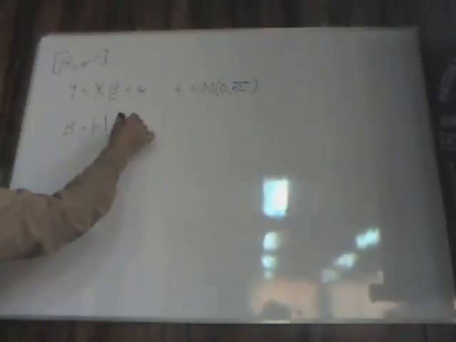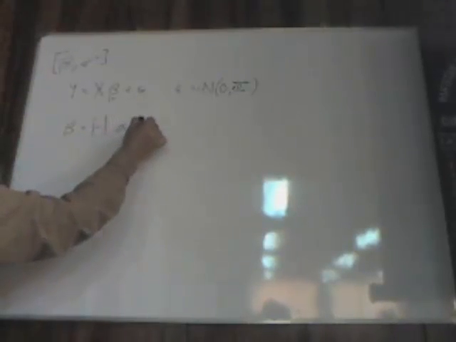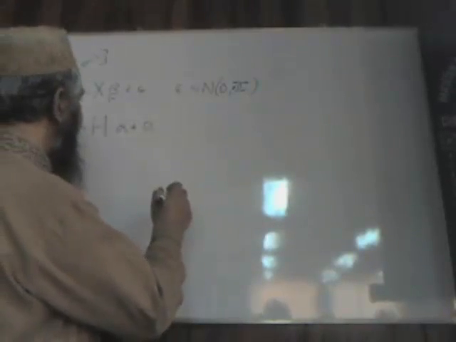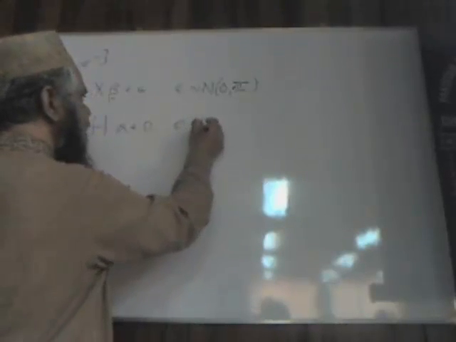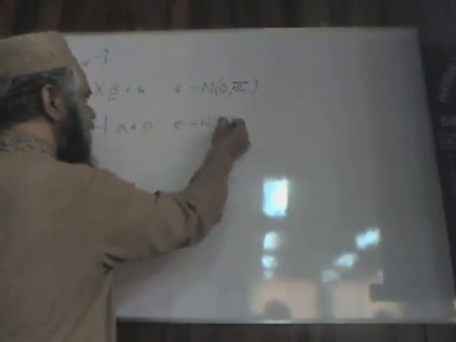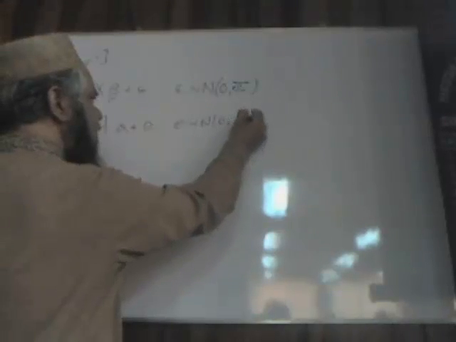So here I am putting a prior on beta, which is that beta comes from another regression model, which is relating it to alpha. And now, yes, E has a normal distribution with mean zero and covariance omega.